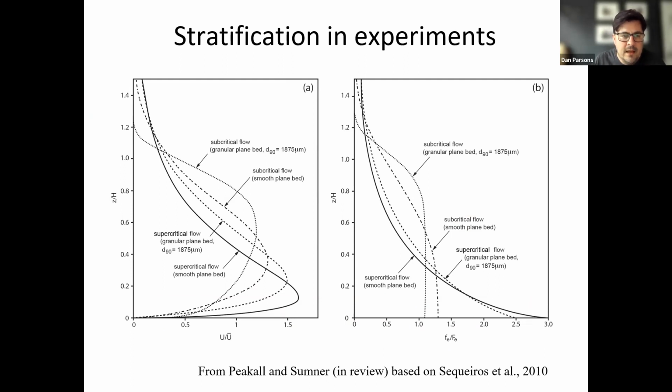And here what we can see is a series of velocity profiles. So this is relative depth on the y-axis, velocity over mean velocity on the x-axis.